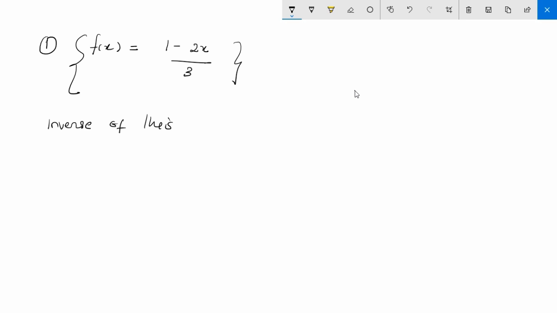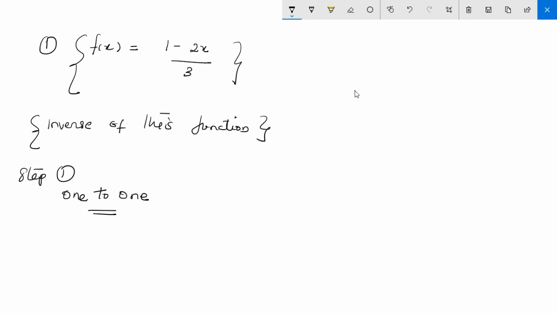So if I have a function f of x, which is given by 1 minus 2x divided by 3, I have to find the inverse of this function. To find the inverse, the first step is that this function should be 1 to 1.